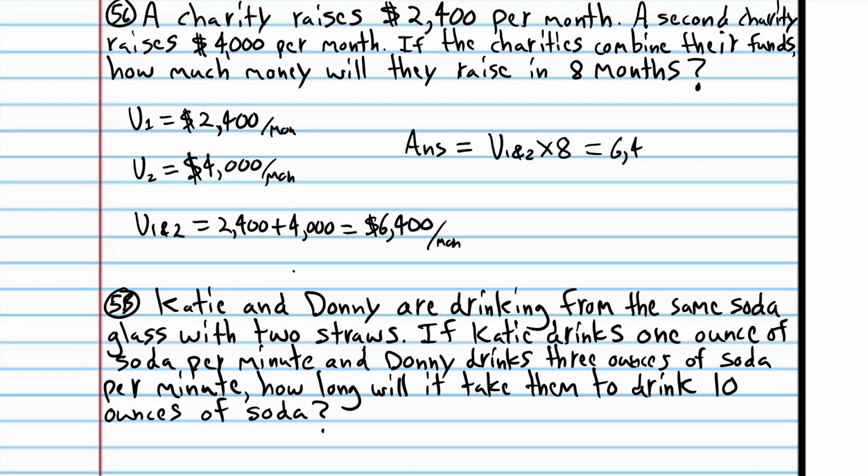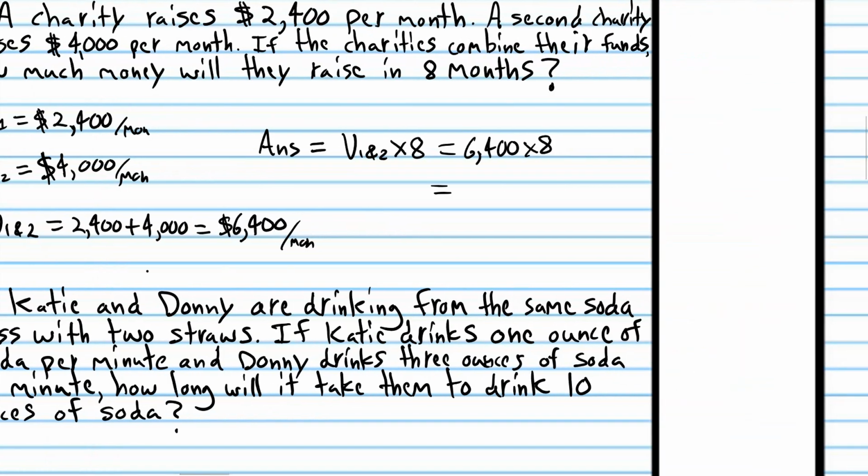So 6,400 times 8. And that's kind of a big number, so maybe we should do that over here. 6,400 times 8. 8 times 0 is 0. 8 times 0. 8 times 4 is 32. Carry the 3. 8 times 6 is 48. It's 51. So $51,200. That's quite a bit of money there.